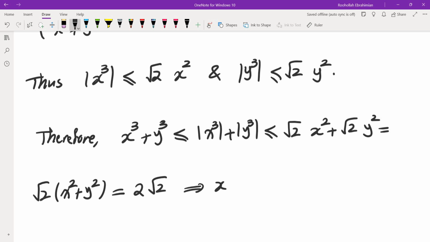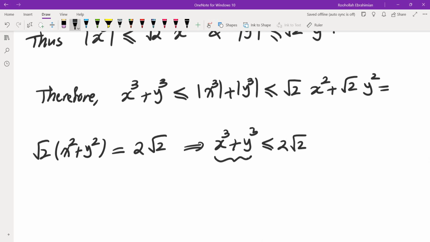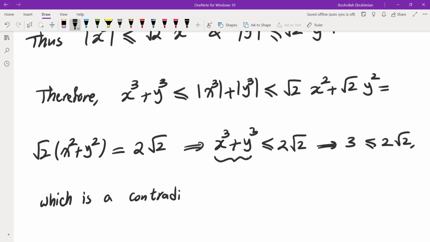So what I showed was that x cubed plus y cubed does not exceed 2 root 2. But x cubed plus y cubed is 3. So that means 3 is less than or equal to 2 root 2, which is a contradiction. So this contradiction means the initial equation does not have a solution.